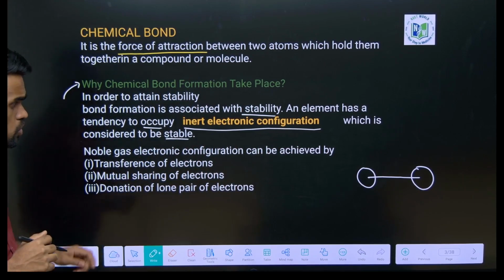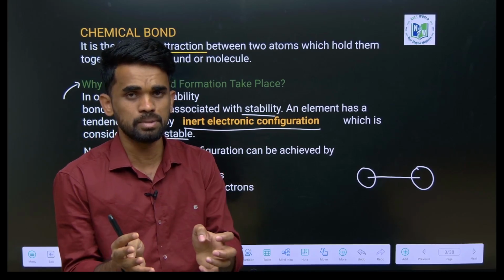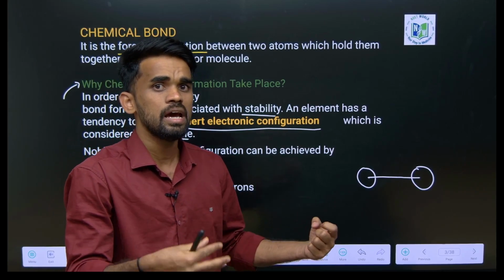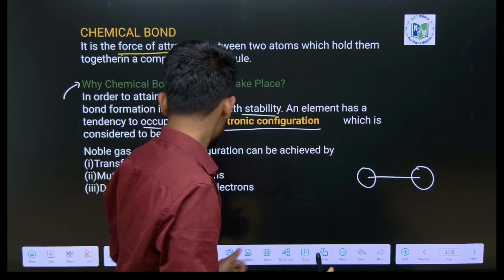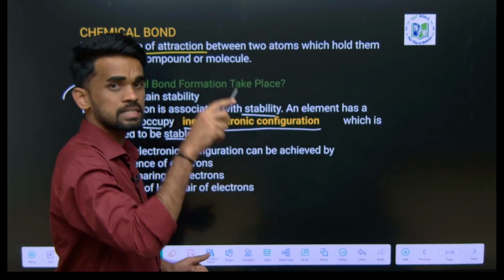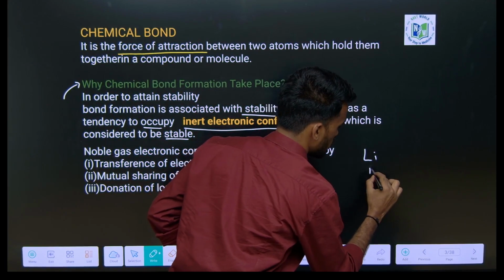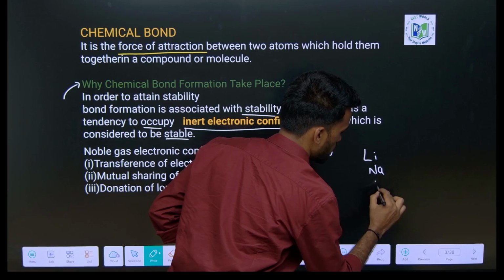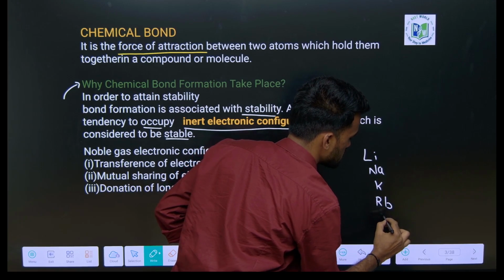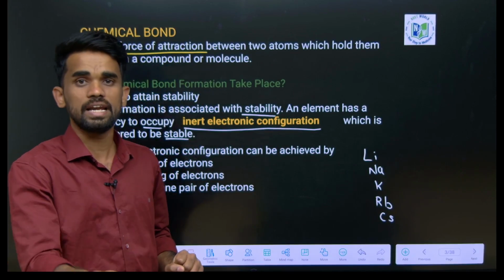Depending upon the element in the periodic table, this noble gas configuration can be attained in different ways. For example, the alkali metals, the first group elements like lithium, sodium, potassium, rubidium, cesium, all attain the noble gas configuration by losing one electron.